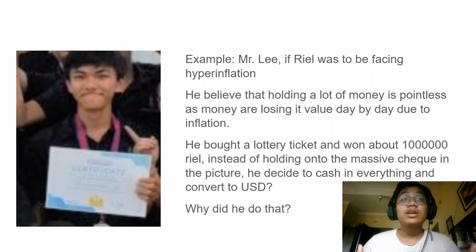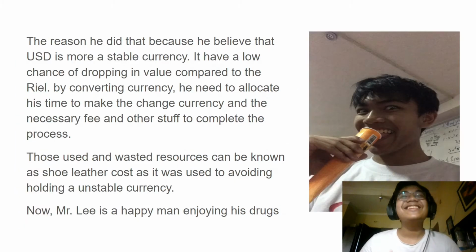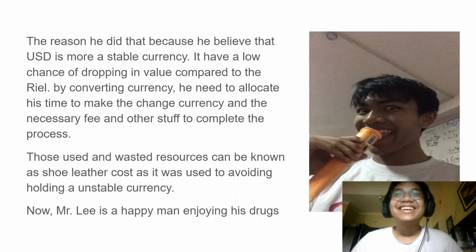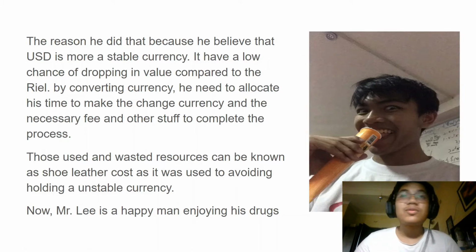Instead of holding the massive check in the picture, he decided to cash in everything and convert it to USD. The question is, why did he do that? Obviously, the reason is that USD is a more stable currency than the riel, which is currently facing hyperinflation.